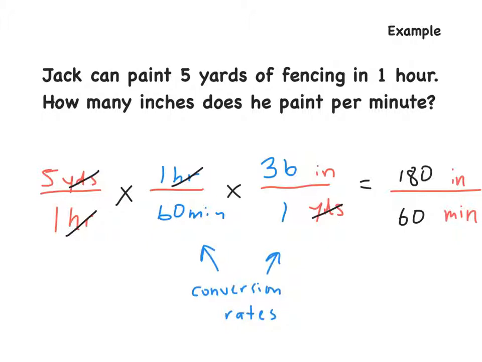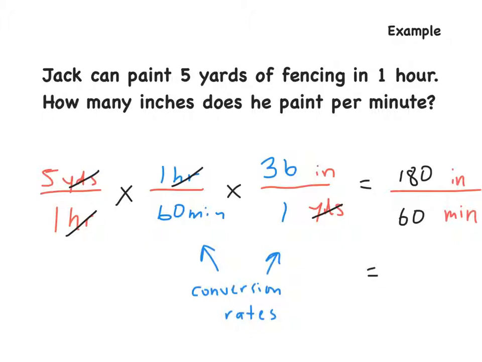Now remember, we must simplify. So what is 180 and 60? If you simplify this, what are they both divisible by? They're both divisible by 60.